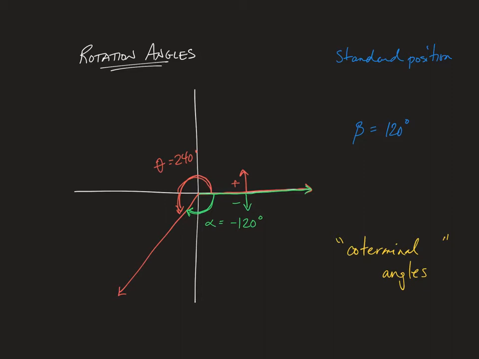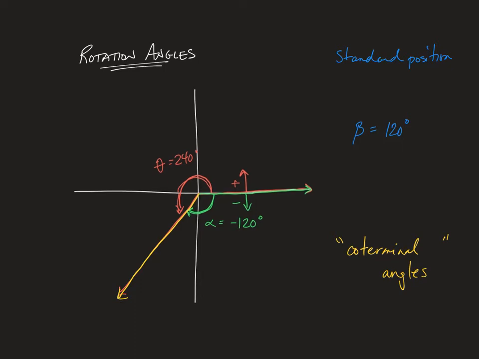Those are angles that have your terminal arm finish in the same position. If I rotate a positive 240 degrees or a negative 120 degrees, my terminal arm will lie in the same position. Therefore, those two angles are coterminal.